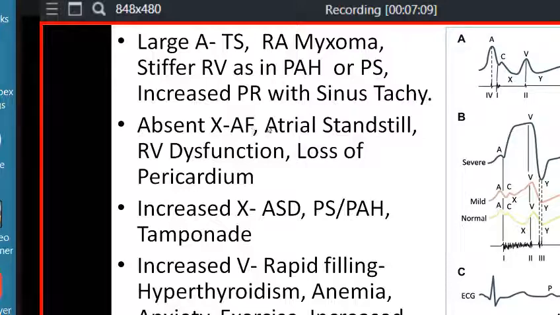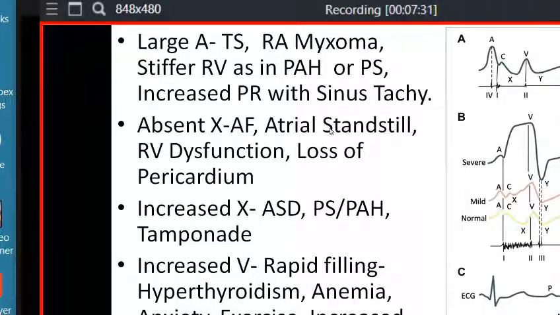Now, when do you get an absent A wave or an absent X descent? When you don't have atrial beats or atrial contractions, like atrial standstill or atrial fibrillation, you don't see those waves. And also in RV dysfunction, because the tricuspid valve has to be pulled down to produce this descent.